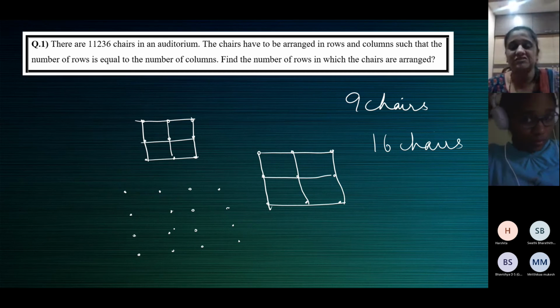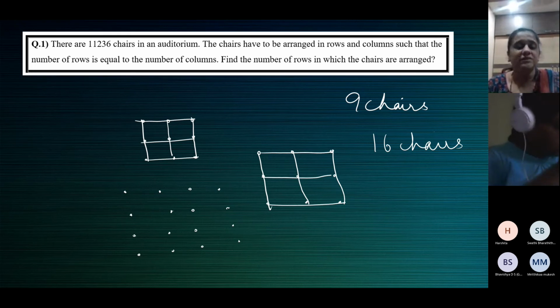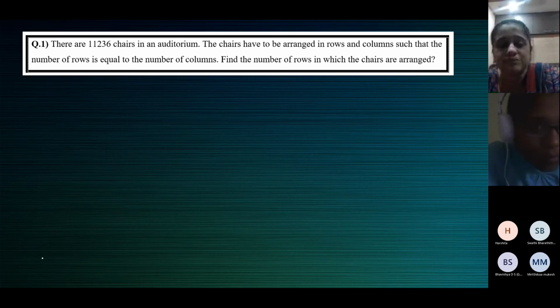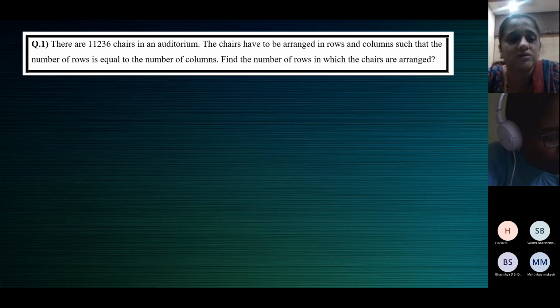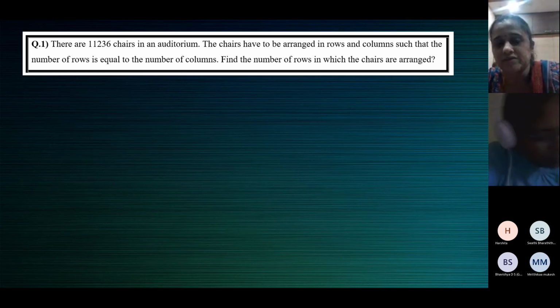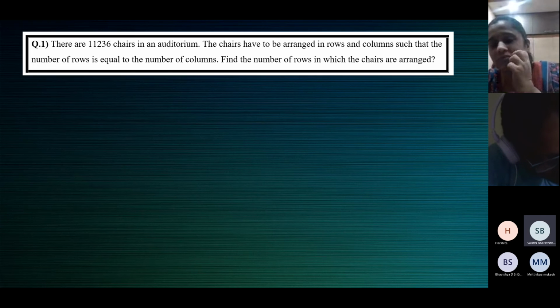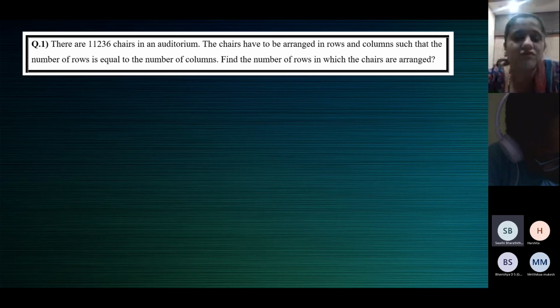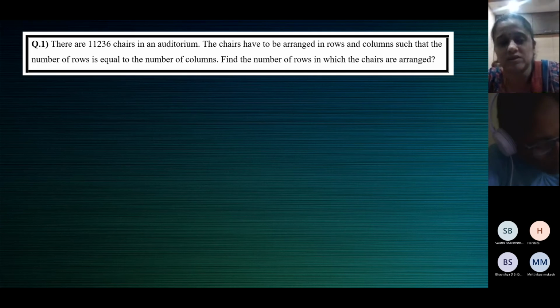You will arrange the 16 chairs in 4 rows and 4 columns. So that means what should you do with this number? If you have to arrange 11,236 chairs in equal number of rows and columns, how will you get the answer? You need to find the square root of the given number. That's all. It's so simple.